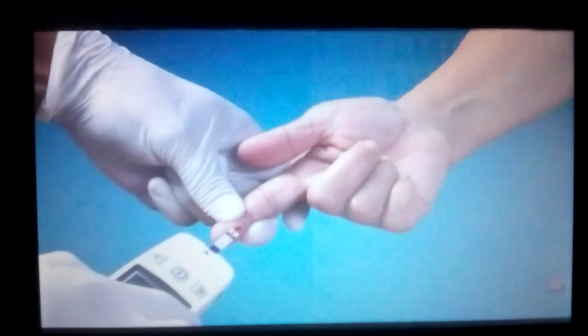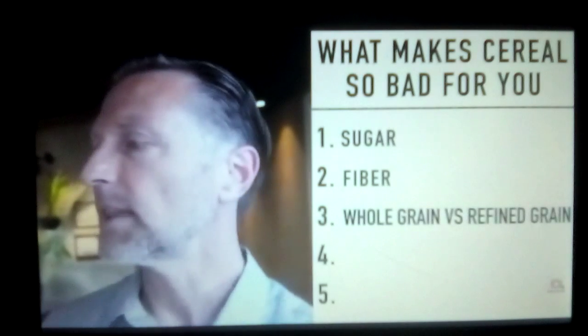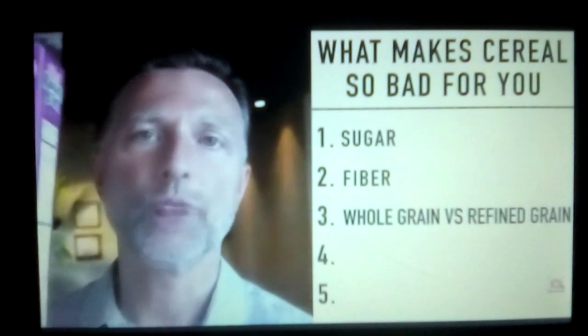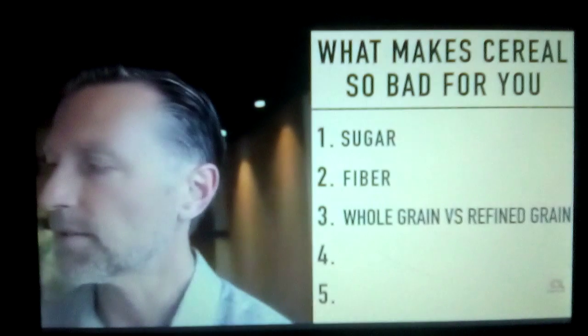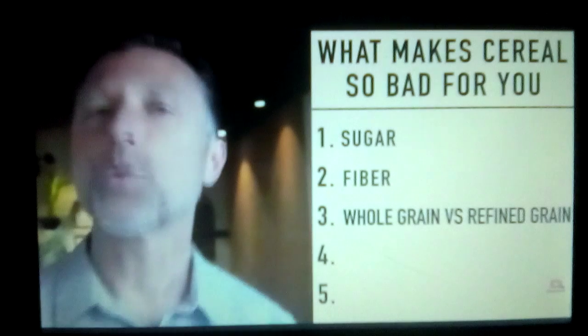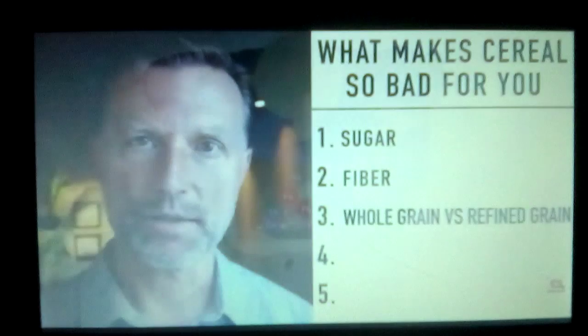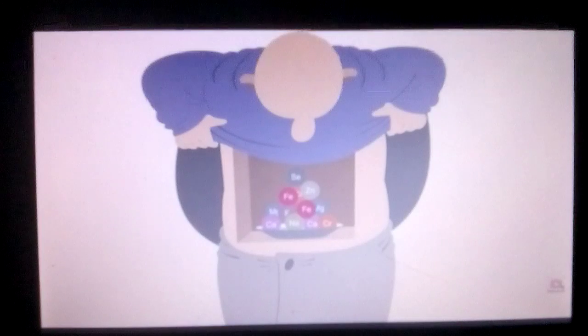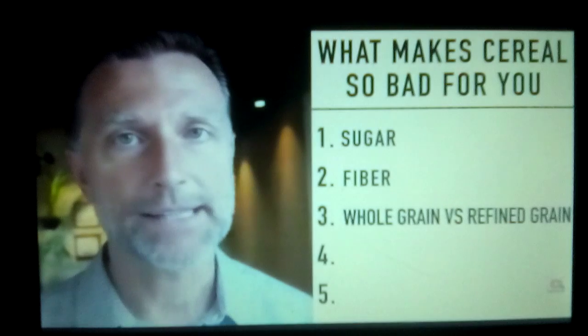So now the next thing I want to get into is this whole grain versus refined grain, because at least the Raisin Bran has the whole grain. Okay, this one just is milled corn. All right, that's refined, but whole grain. Okay, what's so healthy about whole grain? Well, it's nutritious, right? It has all these vitamins and minerals, and it has the fiber, it has the complete package. But it also has phytic acid.